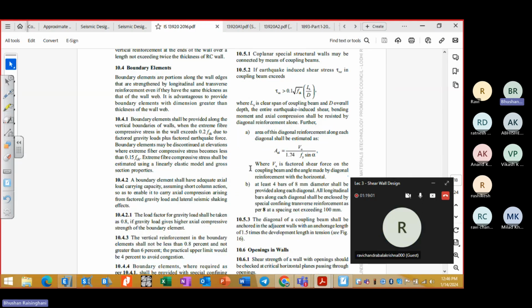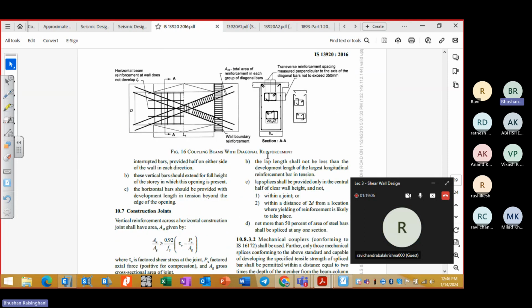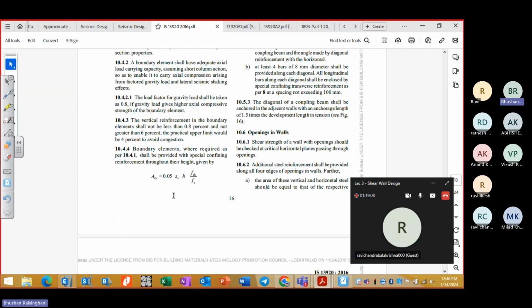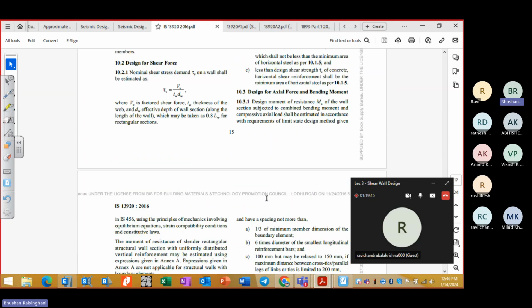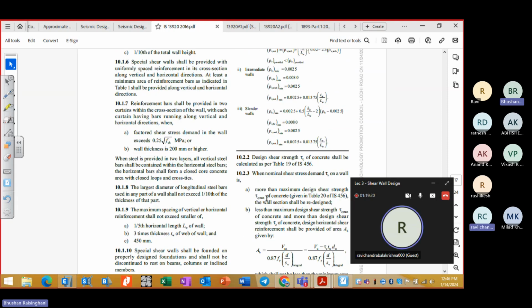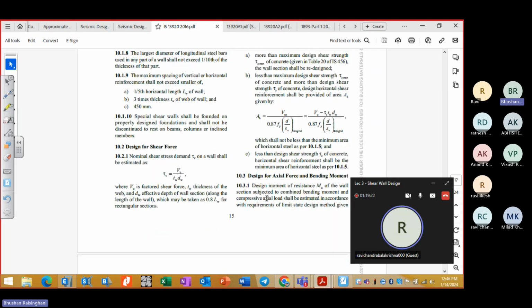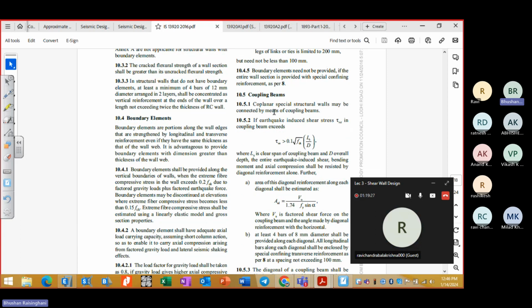Yeah, just hold on. We'll reach there. Just looking at that coupling beam requirement. Basically it is also a 3D element, coupling beams. Now, coplanar structural walls may be connected by means of coupling beams.